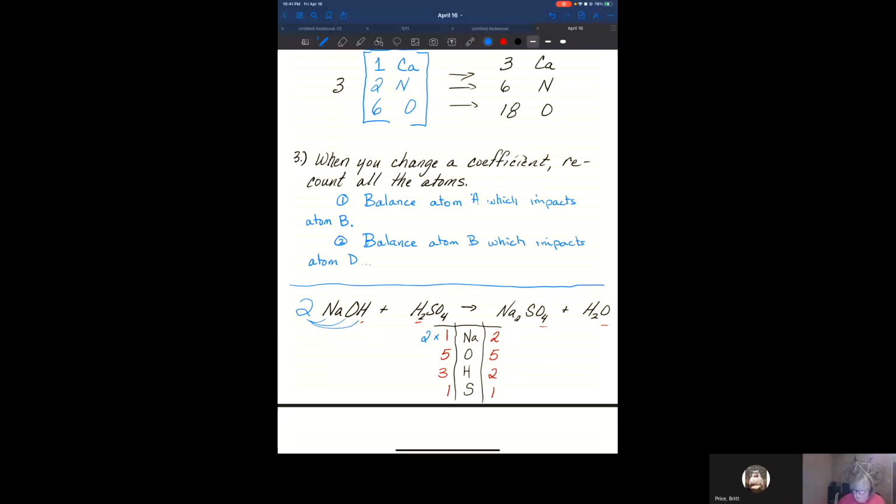So my new oxygen count, I've got 2 oxygens plus 4 more. I've got 6 oxygens. And now how many hydrogens? 2 hydrogens plus 2 more. I've got 4 hydrogens. I didn't touch sulfur.